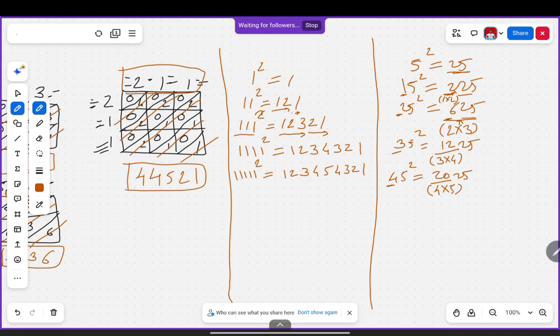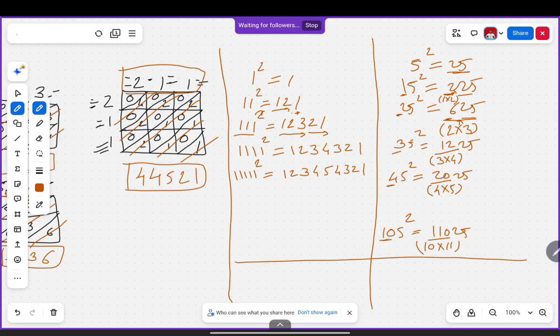Likewise, for any number ending with 5, you can compute the square instantly. Take the example of 105, which is a very large number: you just write 25, and before it you write the multiplication of 10 and its next number 11. Likewise, instantly you can calculate the squares of any given number, but this follows certain patterns.